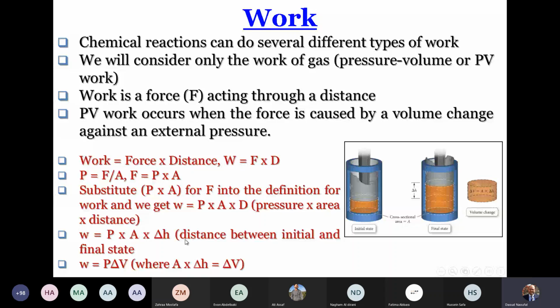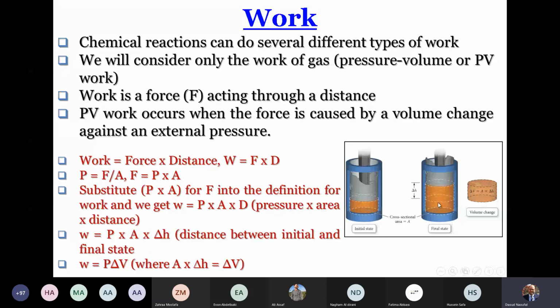And distance is, for example, in this example, I have expansion of gas or compression of gas. So the variation of the volume is the difference of height between the initial state and the final state.